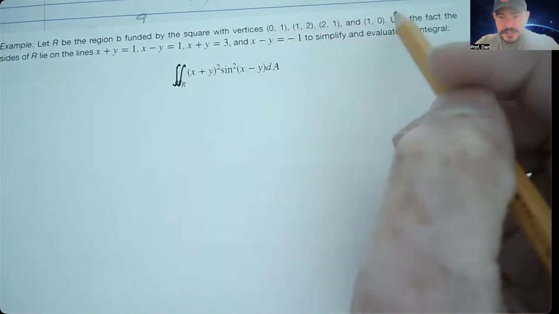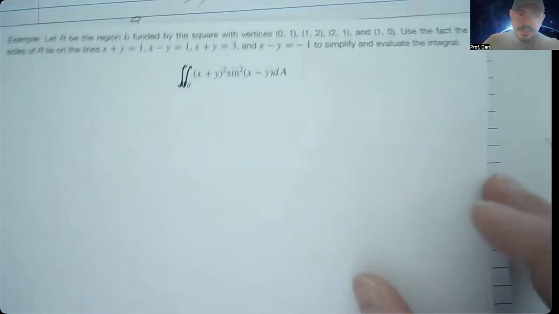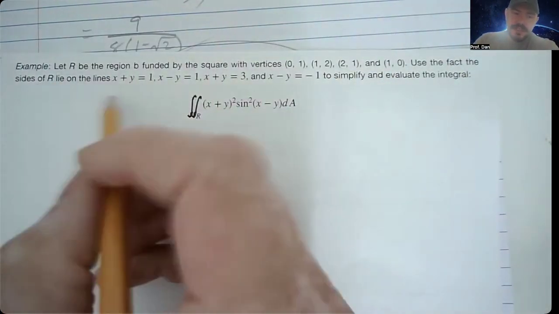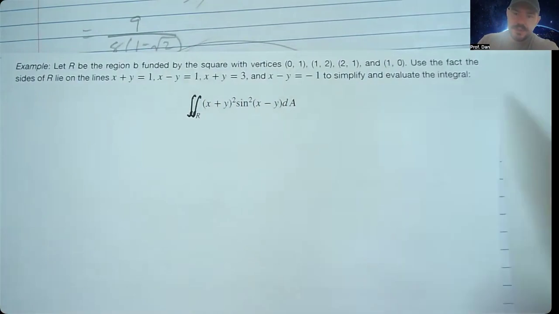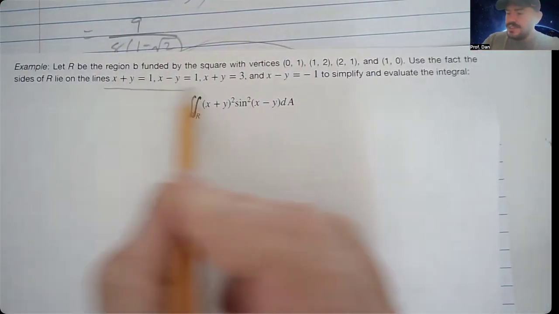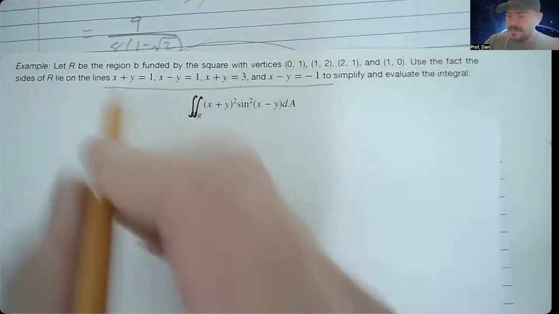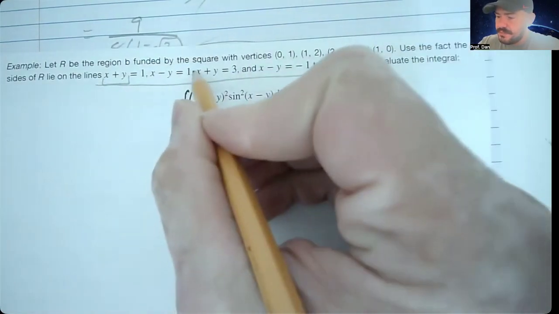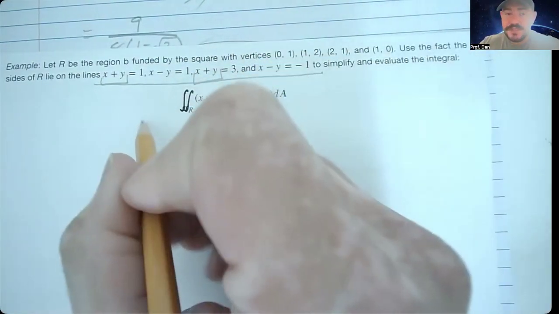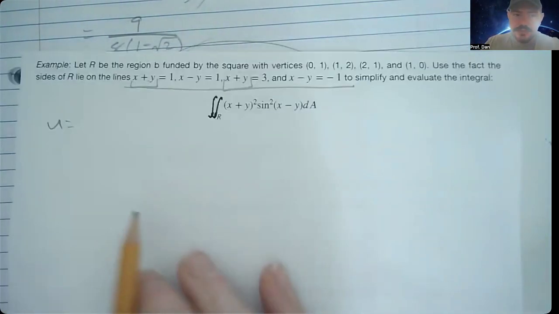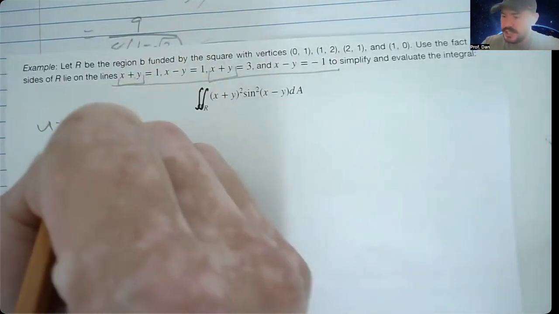They give us the vertices of the square, and then thankfully gave us the side lengths of the square written as lines. So if you look at the equations for these lines, you'll notice that pairs of them will have the exact same left side. For example, two of these have x plus y as their left side. So we're going to let that be equal to some variable. We'll call it u.